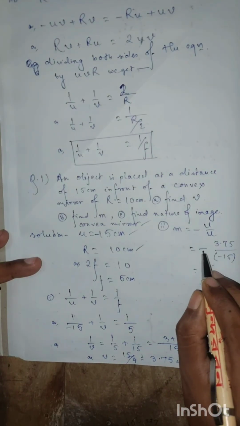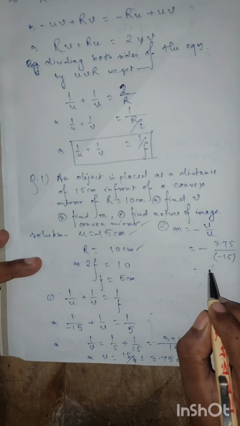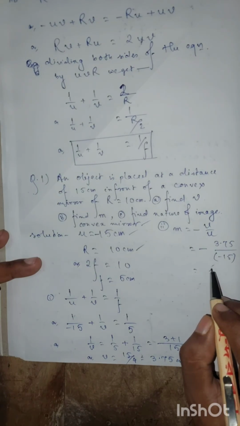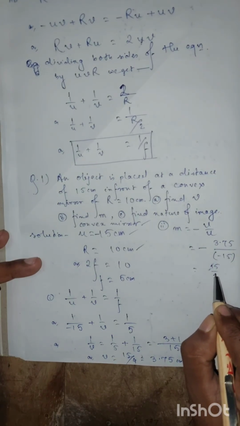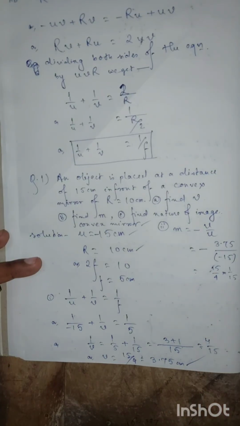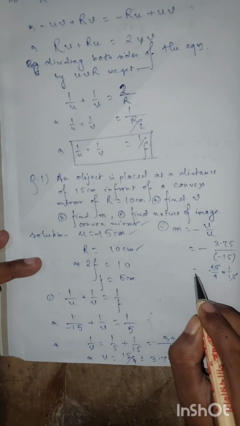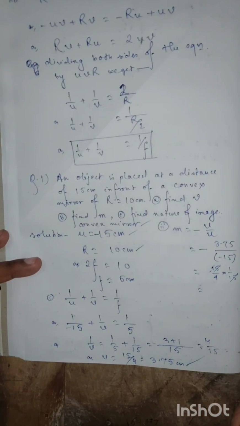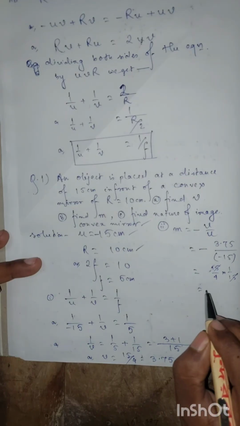So minus and minus becomes plus. So 3.75, which can be written as 15 by 4, by 15, that means 1 by 15. So 1 by 4. So this is our magnification.